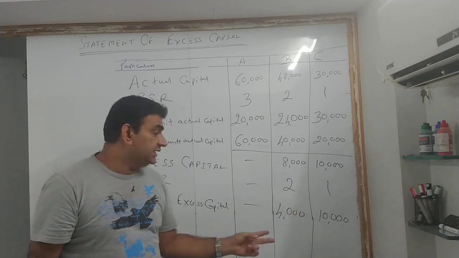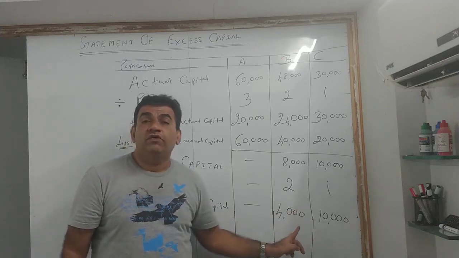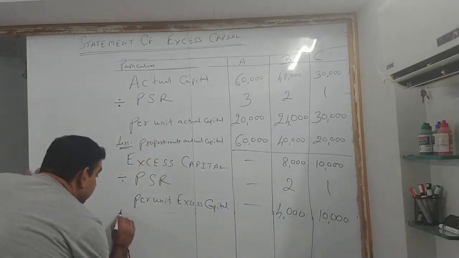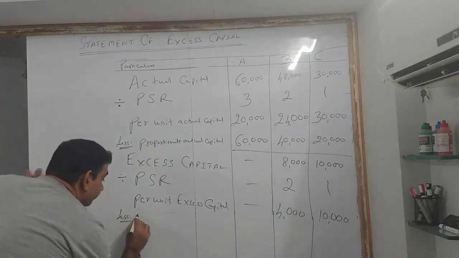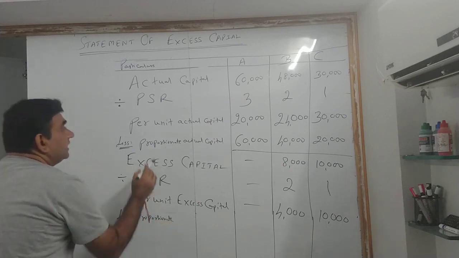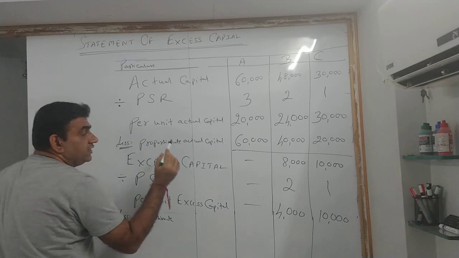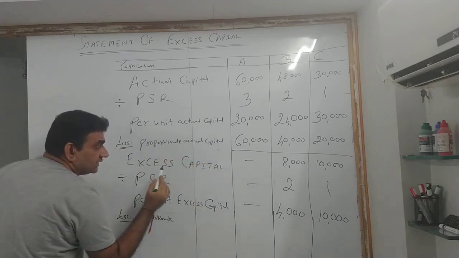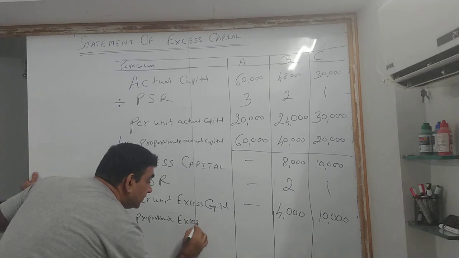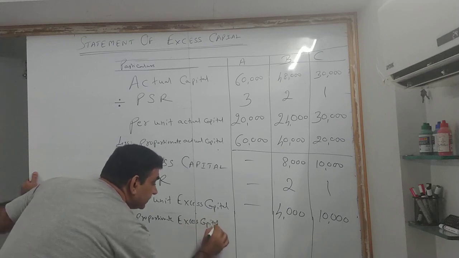Now do the same thing. See the lowest of the two. 4 and 10. Which is lowest? 4,000. Do the same thing. Less proportionate. Now here it was actual capital, so we used the word proportionate actual. Now it is excess capital, so we use the word proportionate excess capital.